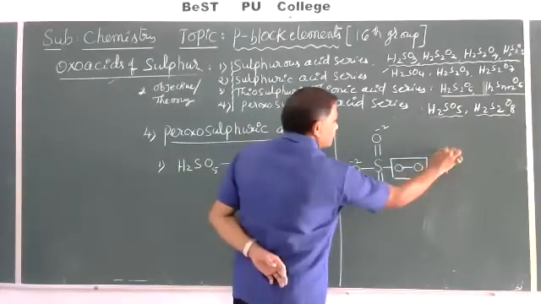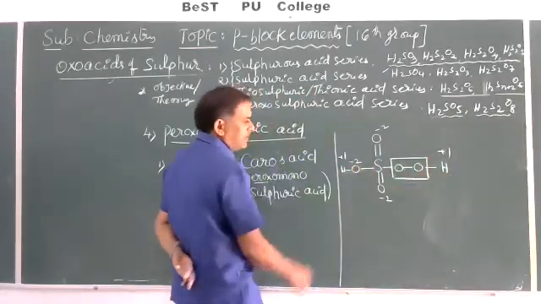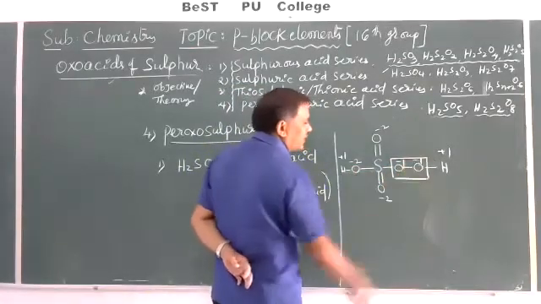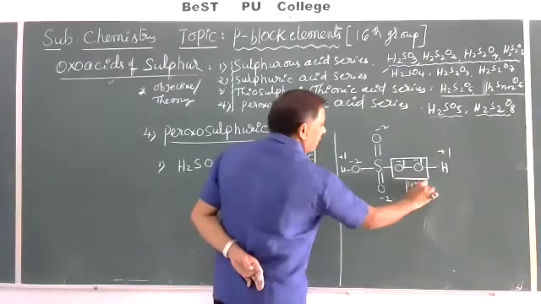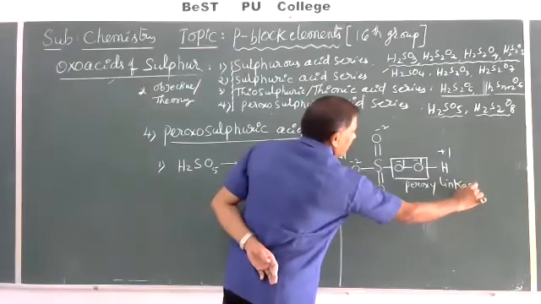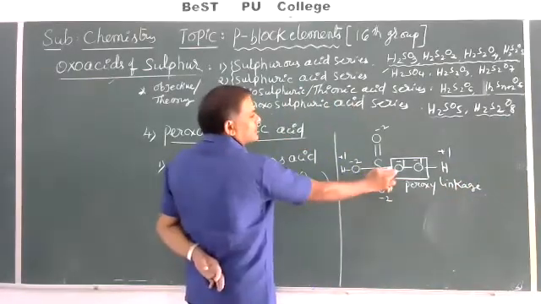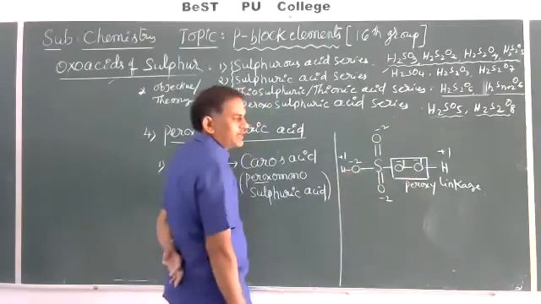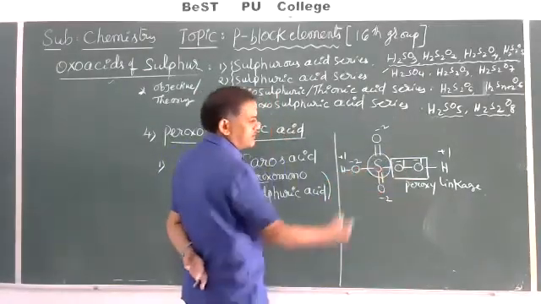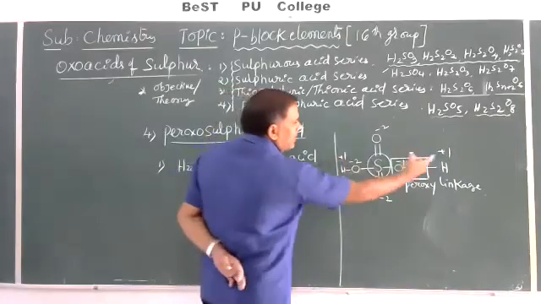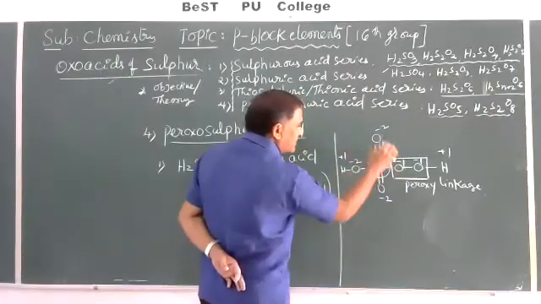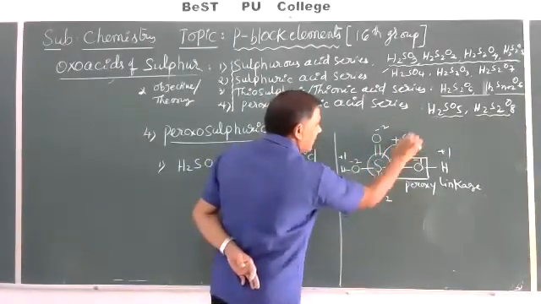The hydrogen is plus 1, hydrogen is plus 1. Only one sulfur is there. But here minus 1 and minus 1. This is a peroxide linkage. In this peroxide linkage, oxygen undergoes minus 1 oxidation state only. So finally this sulfur undergoes, plus 1 and plus 1, minus 1 get cancelled, minus 2, minus 2, that's why it undergoes a plus 6 oxidation state.